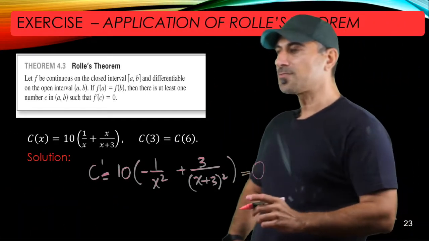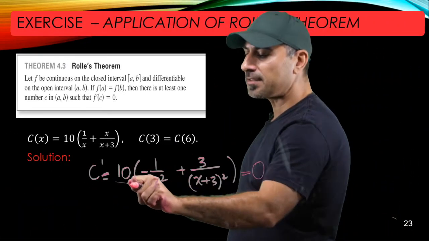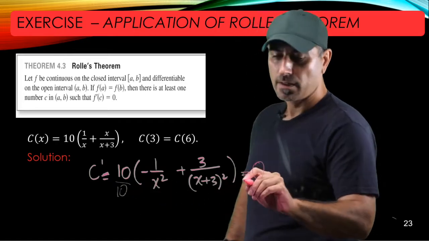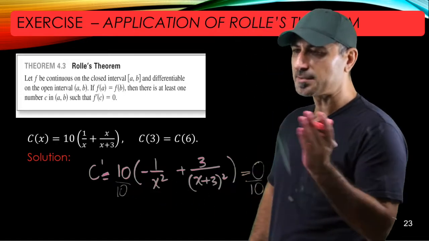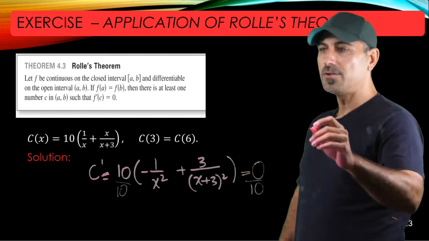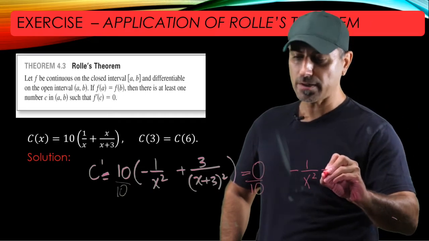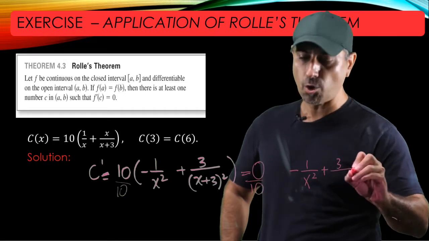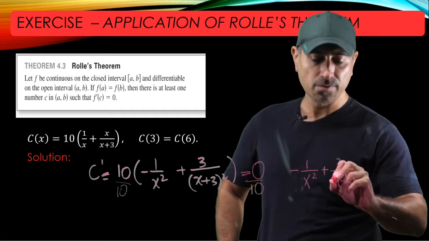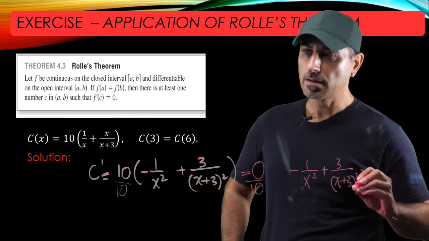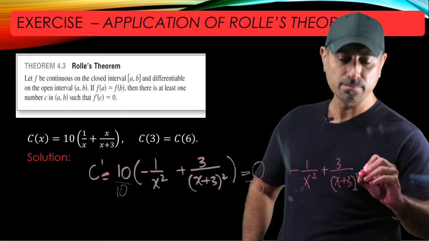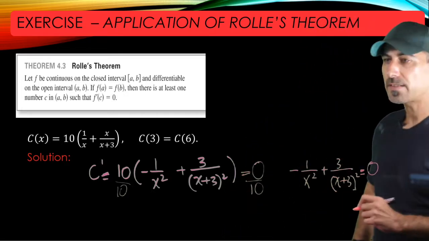To solve this for x, we divide both sides by 10 first, so that we get rid of that 10 without expanding this whole thing out. Well, you have -1 over x squared plus 3 over (x plus 3) squared equals 0.